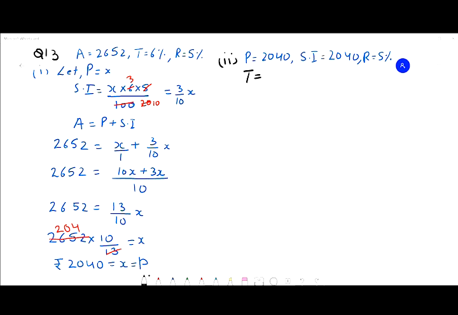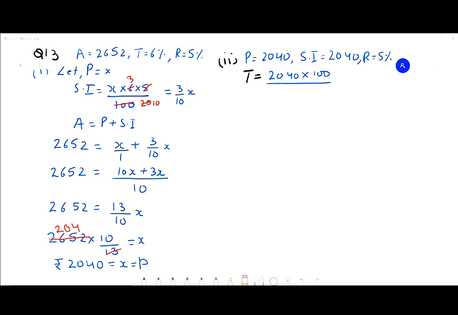Time will be SI multiply with 100 over, sorry.